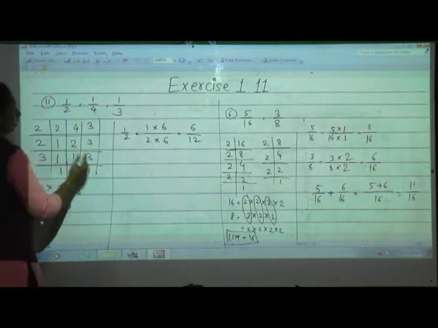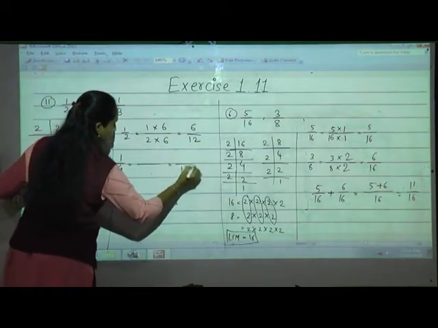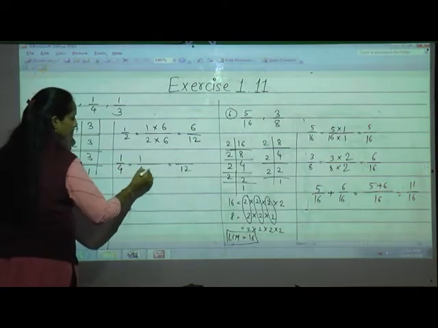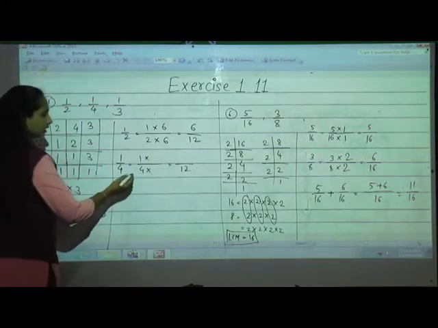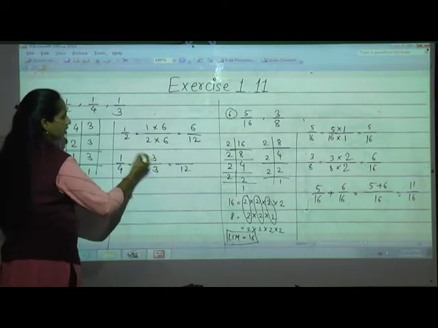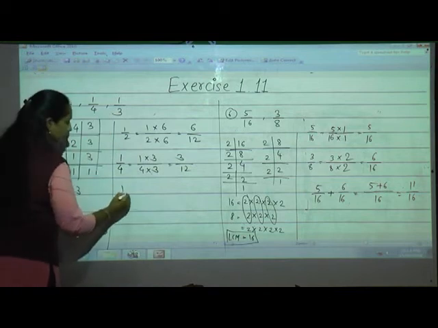Now the next number, 1 upon 4. What should come in the place of the denominator? 12. So write here 1 upon 4 multiplied by 4. What makes 12? Yes, 4 3s are 12, isn't it? So write 3 here also. 1 3 is 3.